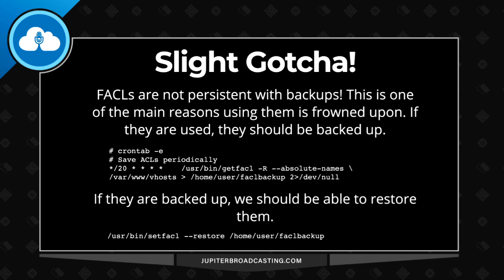So in case we need to, we can restore them should we have a failure, or for disaster recovery, or after we restore the permissions. Again, when we restore files or back files up and restore them, the FACLs don't come with it. So we try to have backups, or we try to distance ourselves from using FACLs.